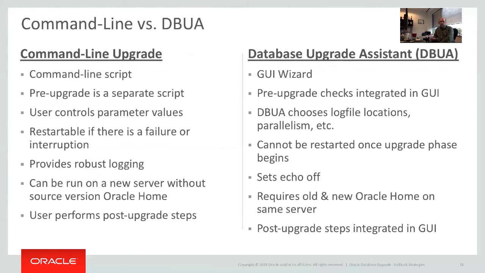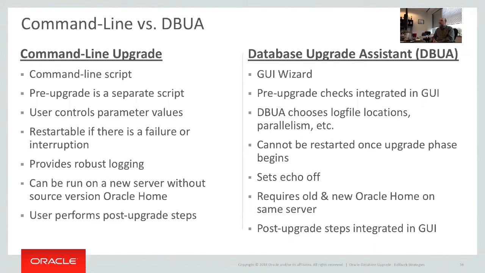And that's all great unless you're moving to new hardware, because when you move to new hardware, you're not generally installing your old Oracle version just to do the upgrade. And in fact, you may have situations where the new operating system on your new server doesn't even support the old version. So that could make it very difficult to use DBUA. So again, there's pros and cons there.